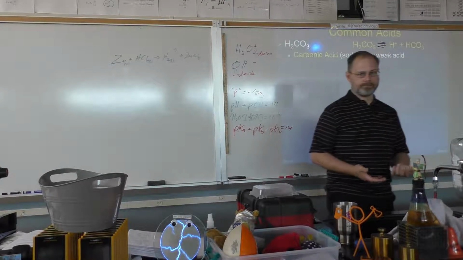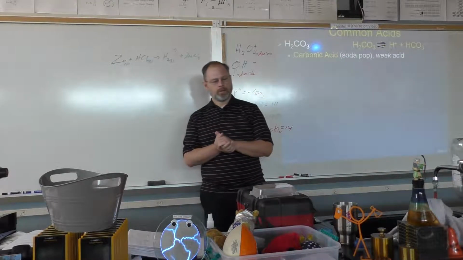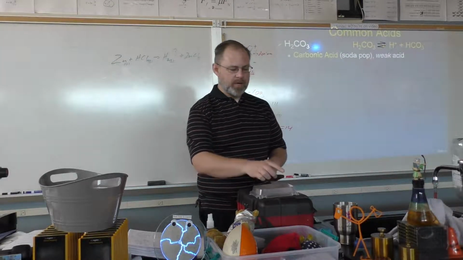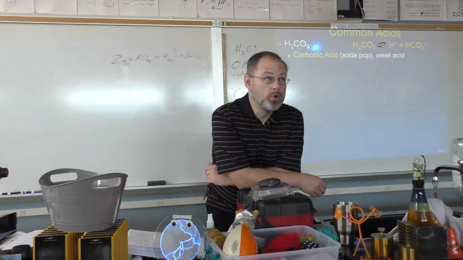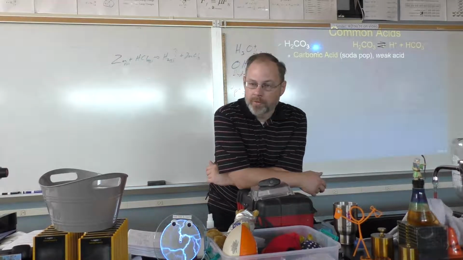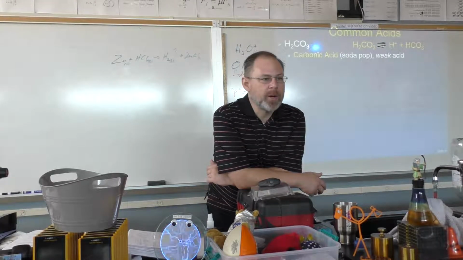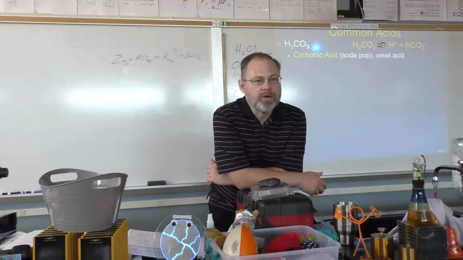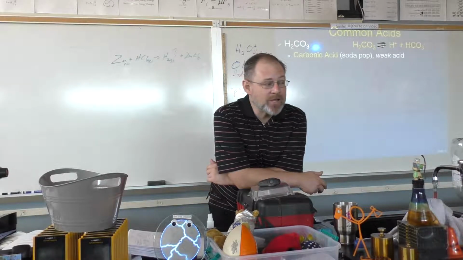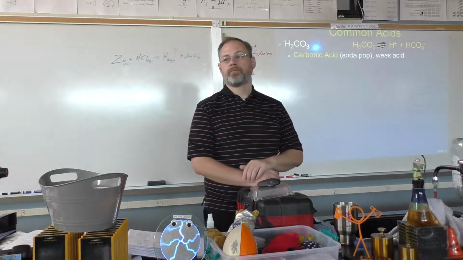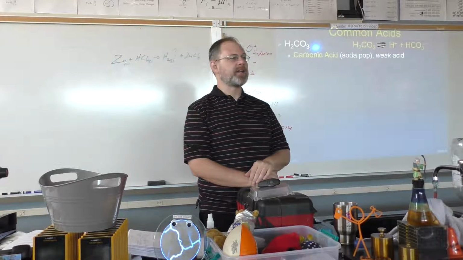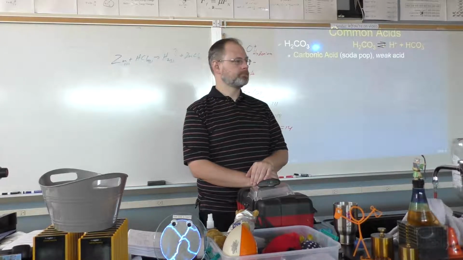What does that mean? Well, if you put a billion H2CO3 molecules in solution, you're probably only going to have 1 million H pluses and 1 million HCO3s. And you'll have 999 million molecules.